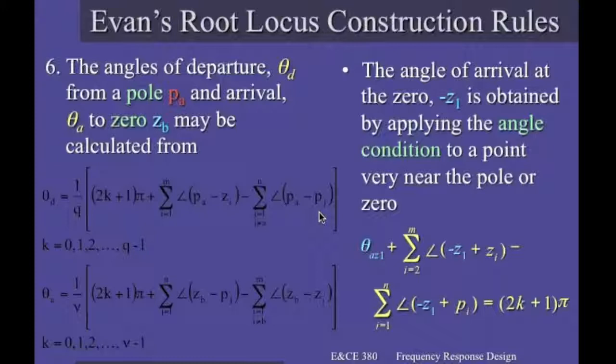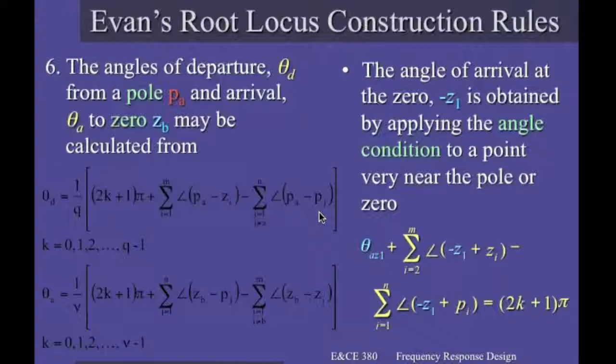Here we have P sub A minus Z sub I, and I is the zero index changing from 1 to M. And then we subtract all angles formed by the complex number obtained by subtracting each pole from the current pole, where J is the counter for poles and is going from 1 to N. And here we have to neglect the case where the pole P sub J is equal to the current pole.